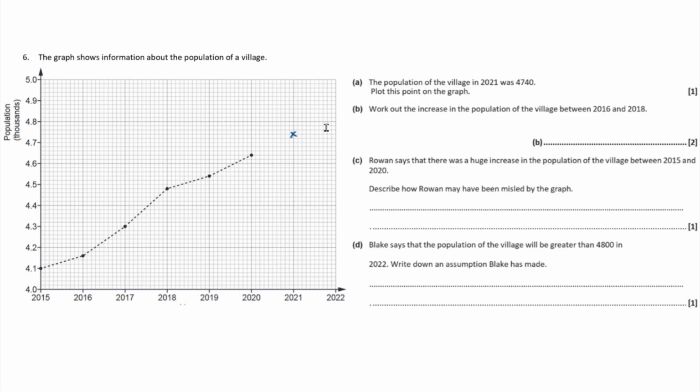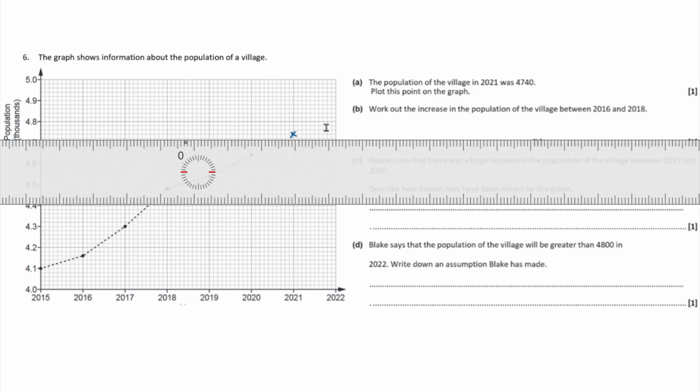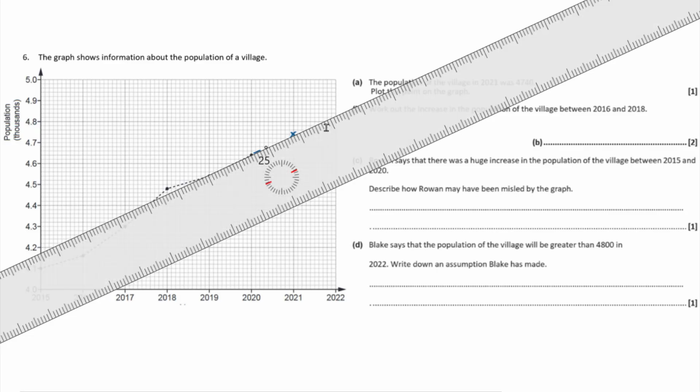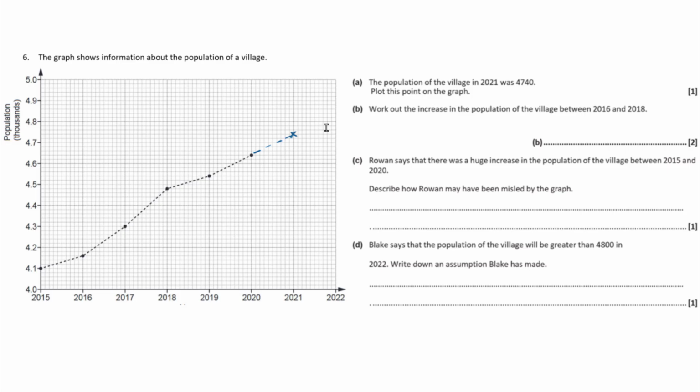I think mine goes about there. Then I should join that up with a dashed line, because that's what's happening. Let me dash my way up to 2021. Okay, that'll do. So that's the first bit done.